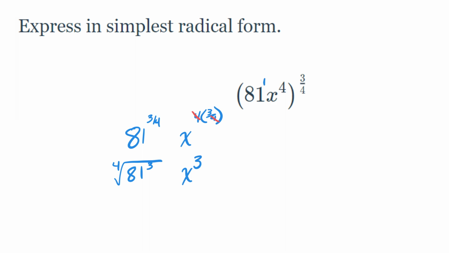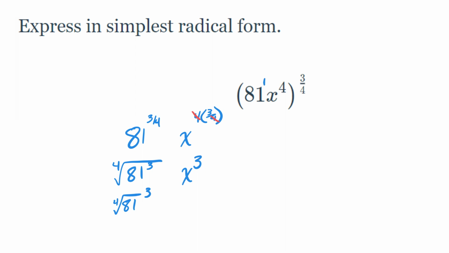Now we can actually do this a number of ways. You could put this directly into your calculator, and it's going to give you 27. There's another way you could do this. You could find the 4th root of 81, which exists, that's 3, and then take it to the 3rd power. Or you could cube 81 and then take the 4th root of that. So I'm halfway done with this part right here.